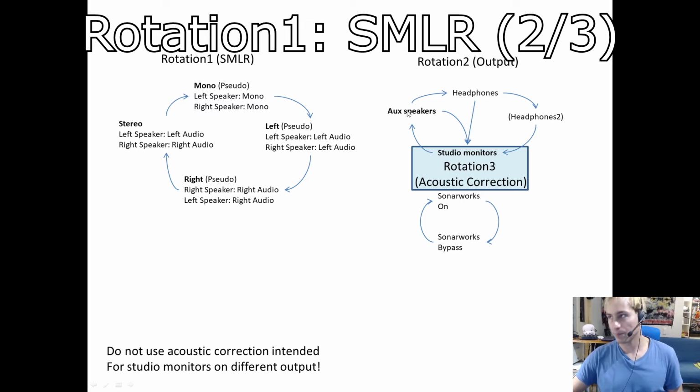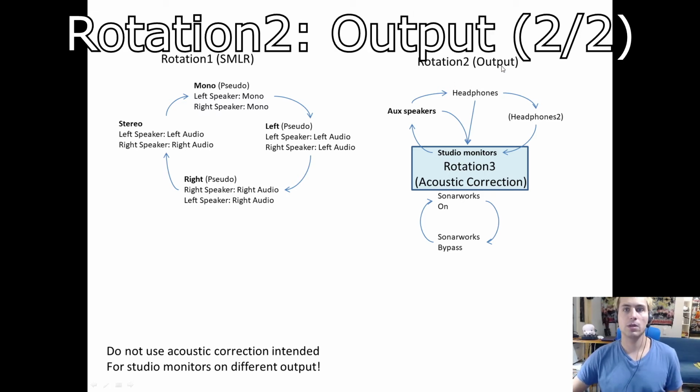Rotation 2 is rotating outputs, mostly between studio monitors and auxiliary speakers. But sometimes I'm also switching to headphones, and sometimes even to secondary headphones, when I have some critical mixing decision to make, like, for example, choosing a snare sample.